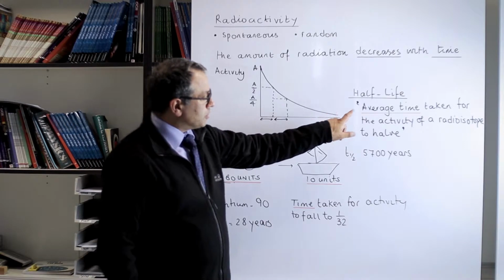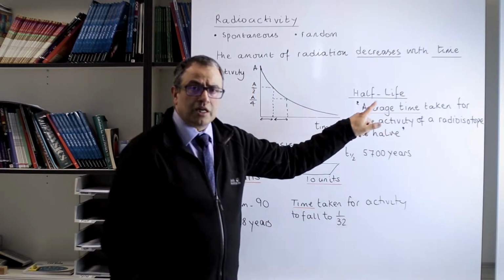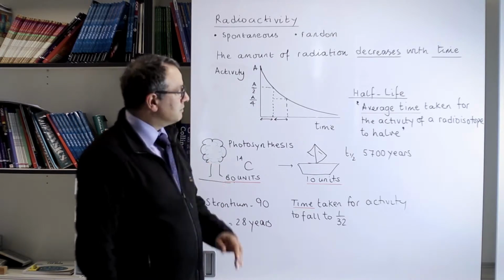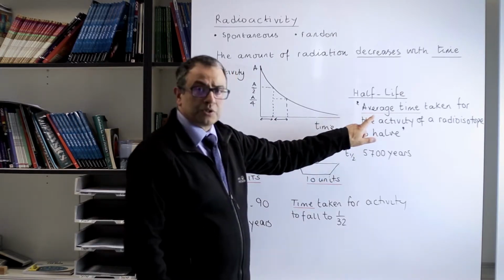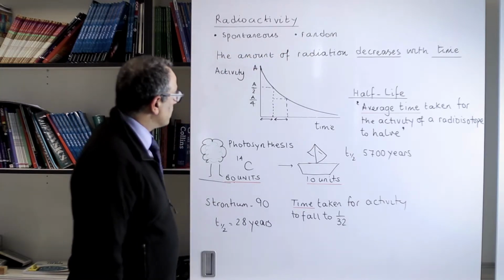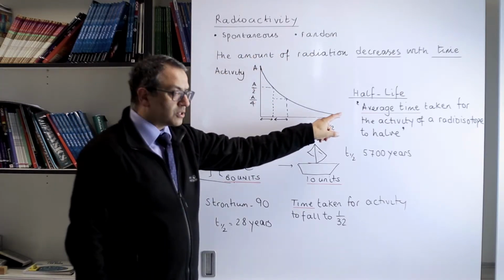And I'd like to put the word average in here, the average time it takes for the activity of the radioisotope to halve. I put the word average in because it connects with spontaneous and random. And you will get a curve like this.